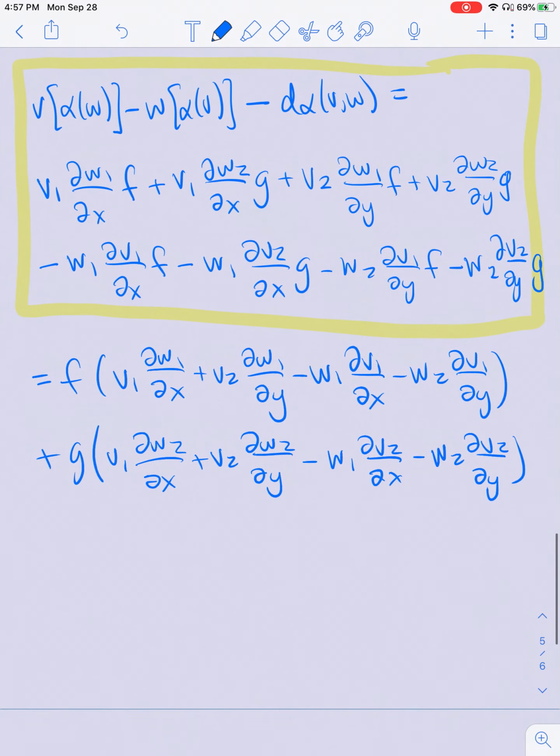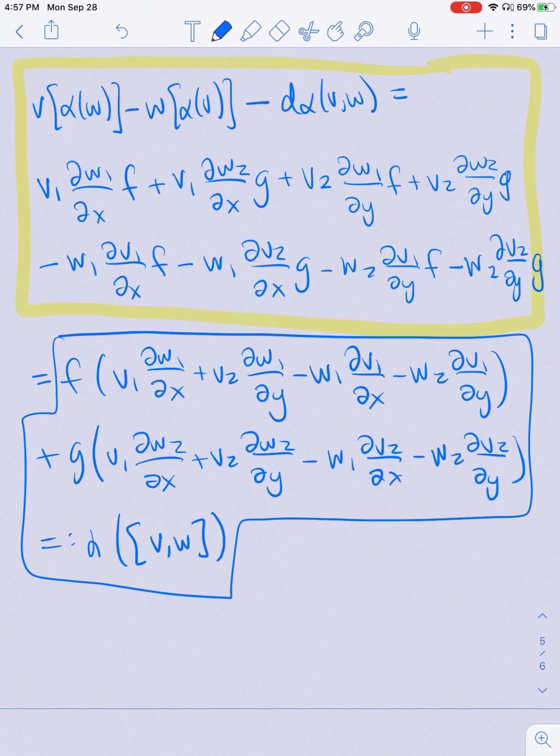Okay, and so this is the term that I am going to call alpha applied to the Lie bracket of v and w. And I'm fairly certain that I got all the signs right, but I might have a sign wrong. So we'll just keep that in mind going forward. I might have to amend some signs.